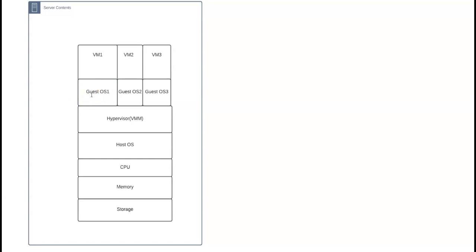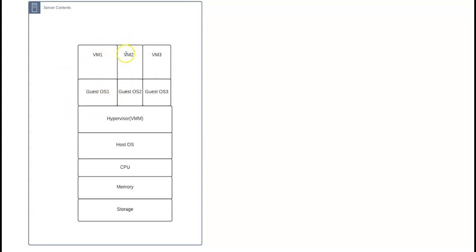You install it on top of your host OS, and the person who is logging into this machine does not necessarily need to know which is the physical box. His entity, the resources for him, will be limited to only this area.